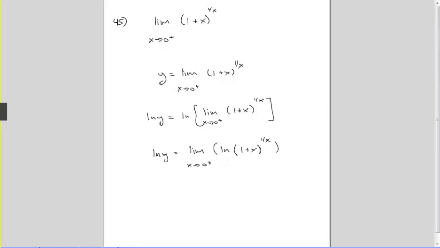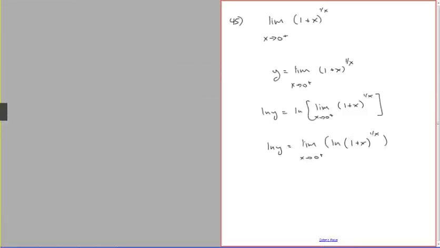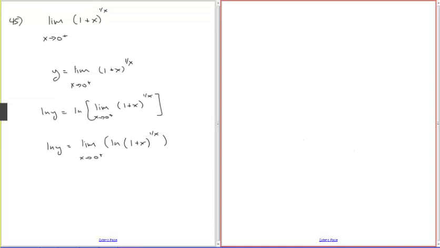Okay, so we add another page first, and then we use the properties of logarithms to change this into something that is a ratio, a rational function. So we have the limit as x goes to 0 plus of 1 over x times the natural log of 1 plus x.